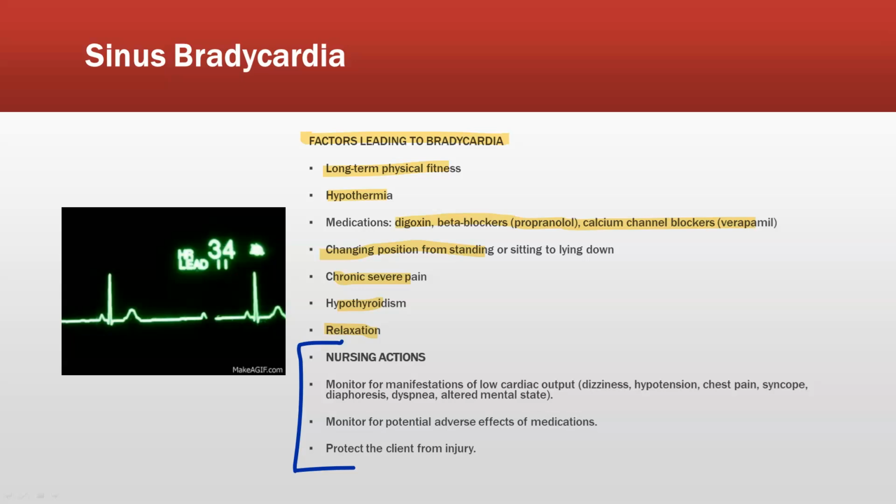So nursing actions: just continue to monitor for low cardiac output. Look for your perfusion words: restlessness, agitation, dizziness, hypotension. You can have chest pain because of a decrease in cardiac output. I believe in our cardiovascular assessment, we talked about demand chest pain, demand ischemia.